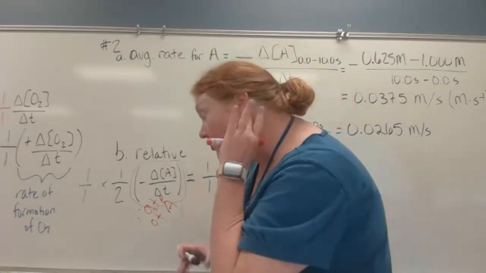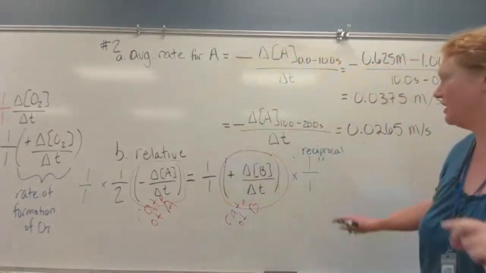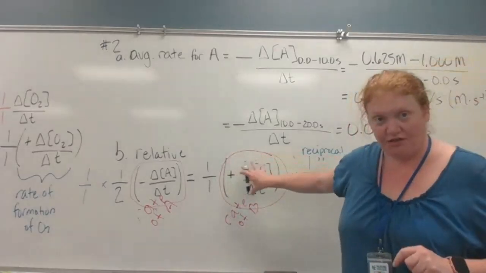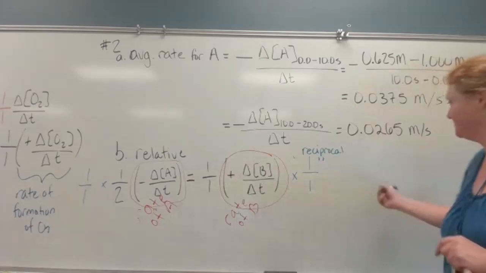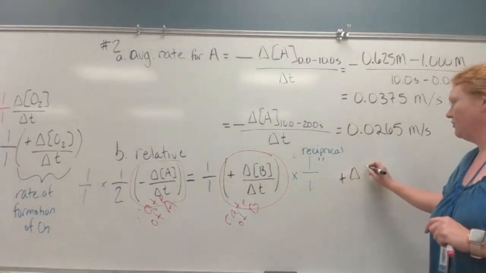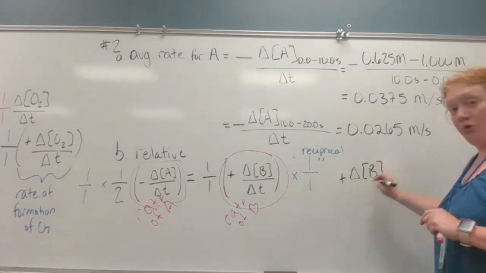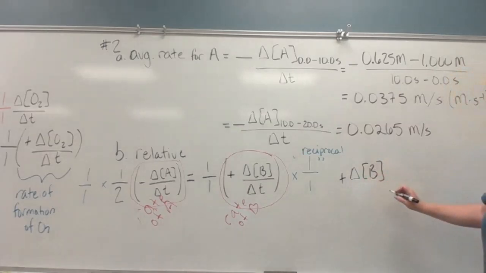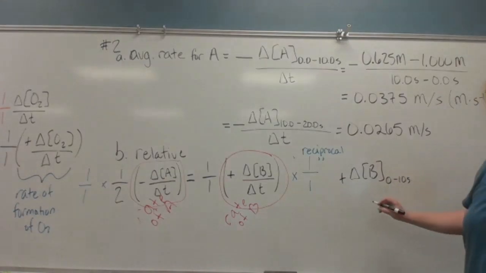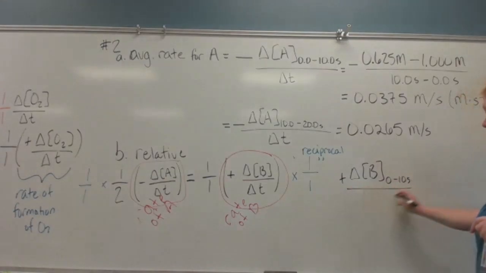Say it one more time. You want me to write? I'm going to write the math. So I'm solving for just this portion of this equation, right? I'm solving for the rate of formation of B from 0 to 10 seconds. That's my time period.